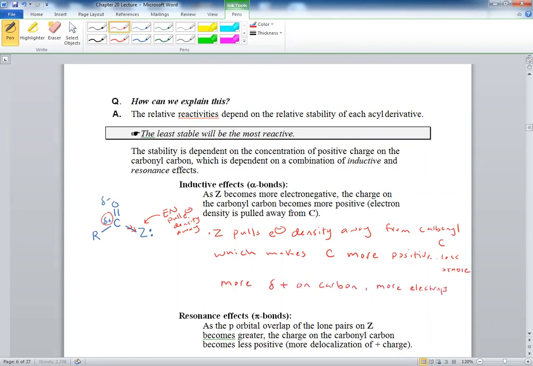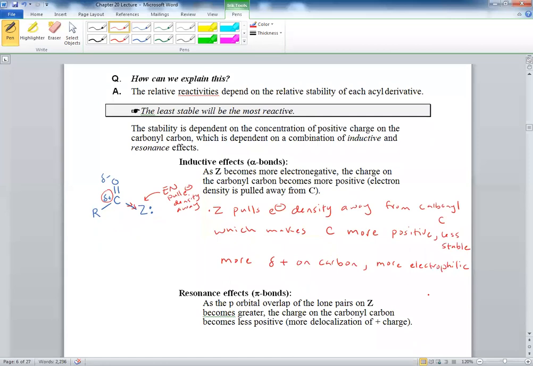Okay, let's not play with words here. I don't want you to simply say these words, electrophilic, without understanding what it means. So think about it. If you have a positive charge on this, and you're moving electrons away from it, then that positive only grows.